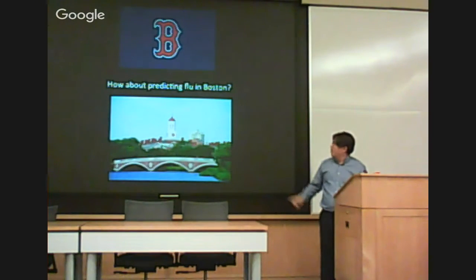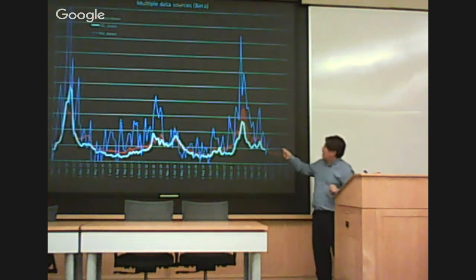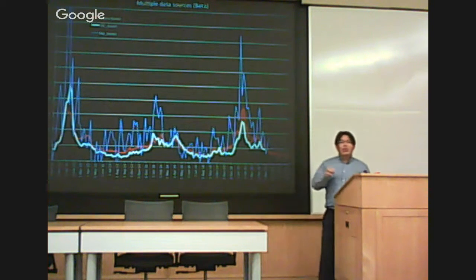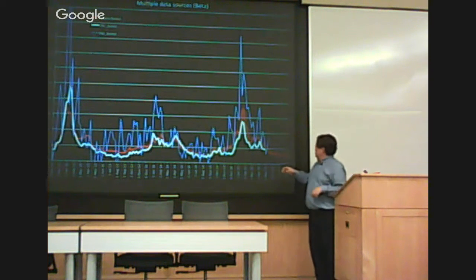We're doing some efforts on predicting flu in Boston accurately. We have partnerships with the health department from Boston, and this is a plot that I created on Monday in conjunction with them.